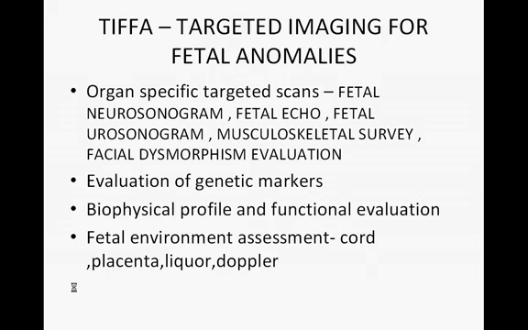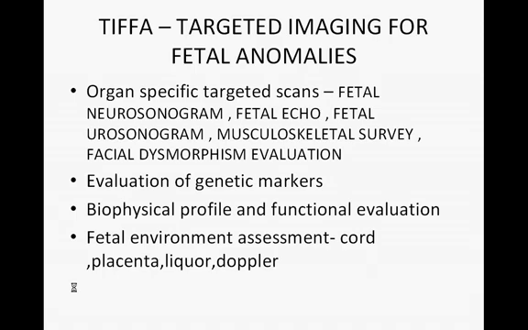Apart from this organ-specific targeted imaging, we need to evaluate for the genetic markers, and also assess the biophysical profile, and a functional evaluation of the fetus can be done. For example, a gastric emptying, a bladder emptying, these can give vital clues about the function of that organ.